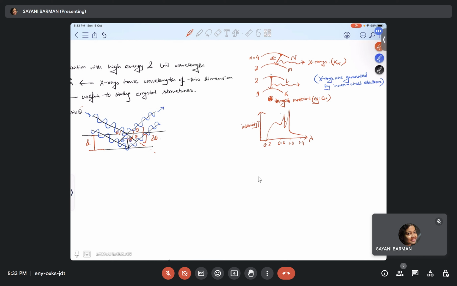This is K beta, this is K alpha. These are the characteristic radiations due to electron transitions in the atom. This we call white radiation.